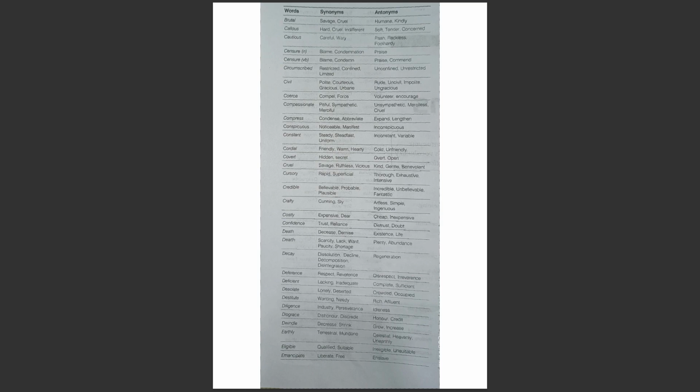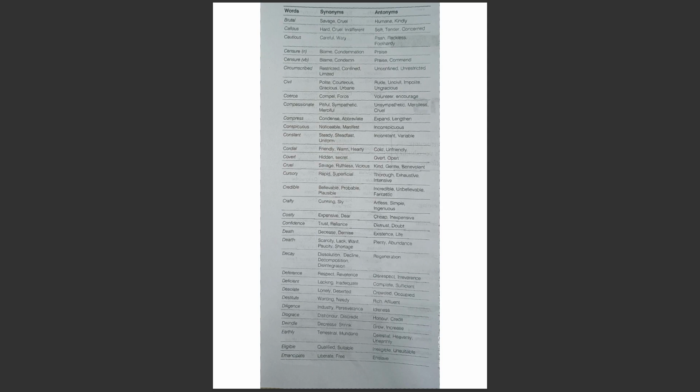Dearth means कि किसी चीज़ की कमी होना, having scarce resources of something, scarcity of something is what dearth means. कमी होना, that is what dearth is. And the antonym of the same is plenty, abundant, in a lot of quantity, in great quantities, right. Having the abundance of a particular resource.